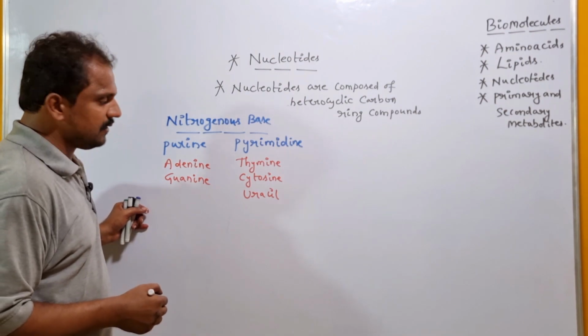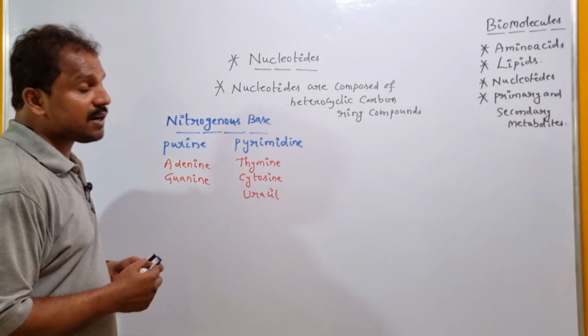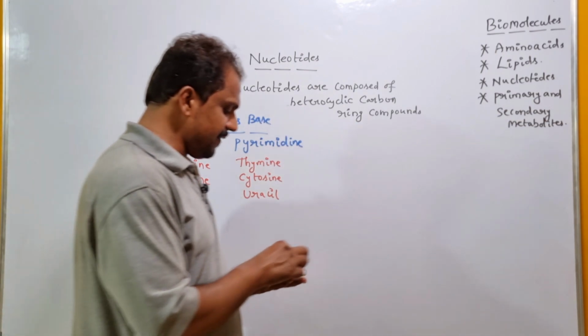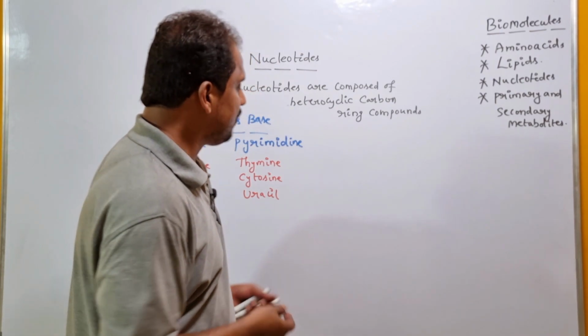Is it clear? All these are the nitrogenous bases. Then what are nucleotides? If we look at the structure of nitrogenous bases, then easily we can understand what nucleotides are. So look at here.